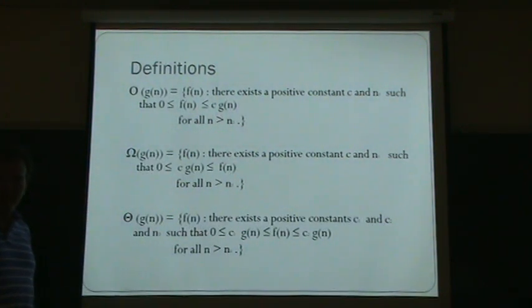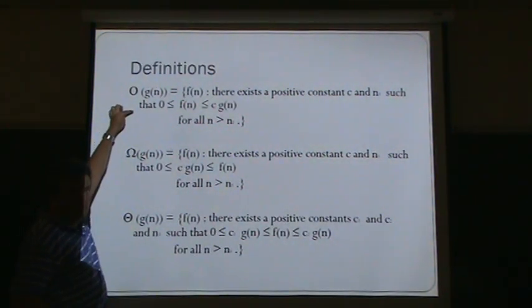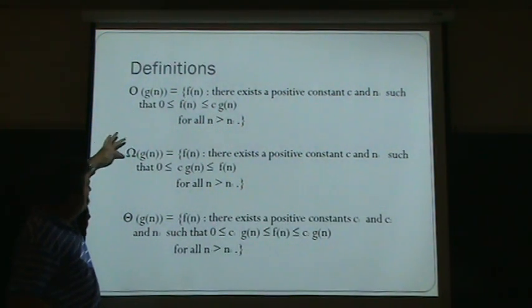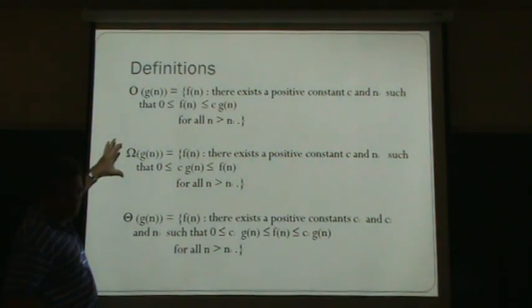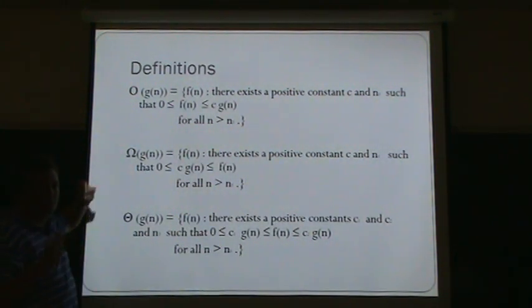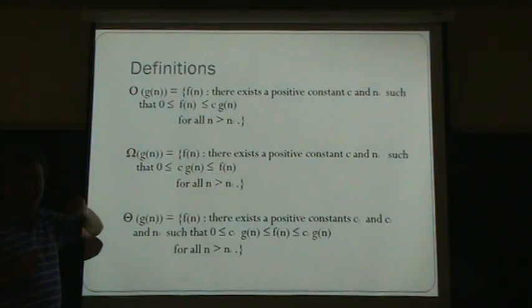So for example, let's say that was the running time for an algorithm. That algorithm is big O of n squared, and it's omega of n squared. Both of those would be true. It's only true for n squared. It wouldn't be true for any other function. Does that make sense?